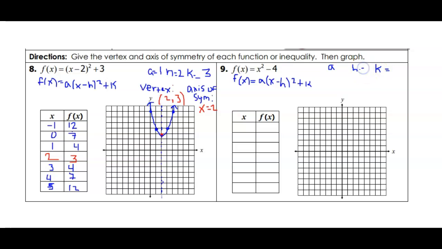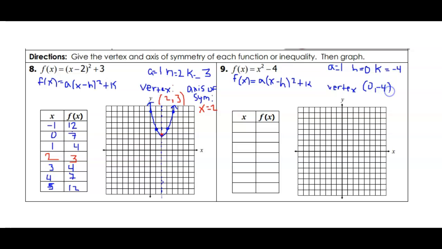I look at this graph, and I notice a is 1, my h is 0, and my k is -4. So I'm going to figure out what my vertex is. Again, the vertex is (h, k), so my vertex is going to be at (0, -4).